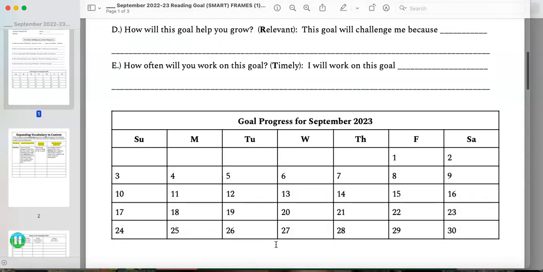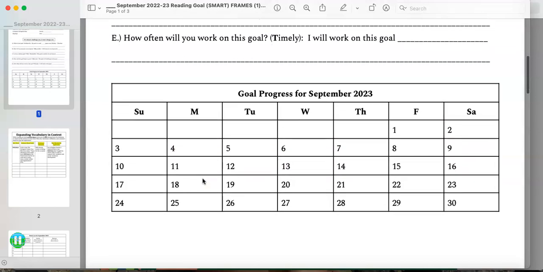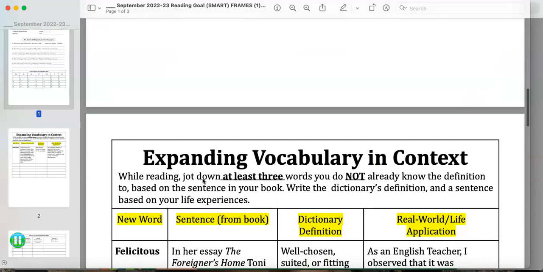The next part is that students will write the specific pages that they've read on any given day, Monday through Thursday. So if they read pages 1 through 5, then they would write 1 through 5, let's say on Monday, for instance, and so on and so forth.